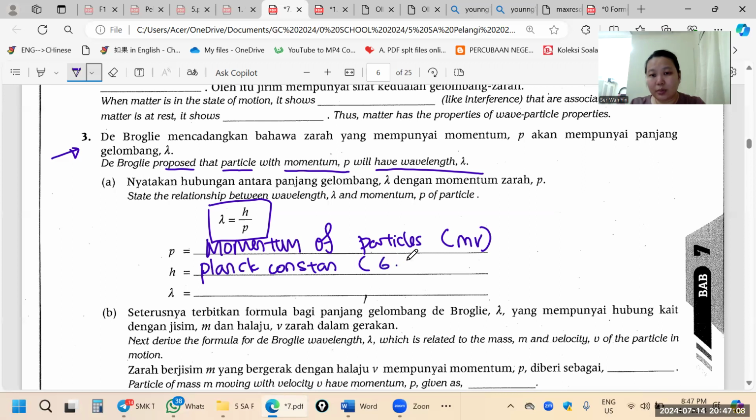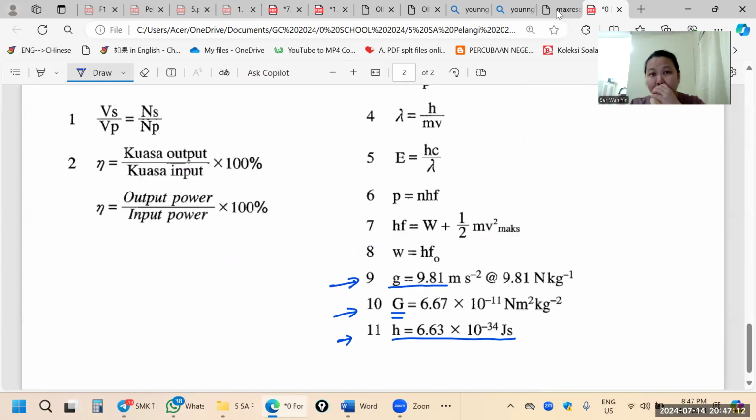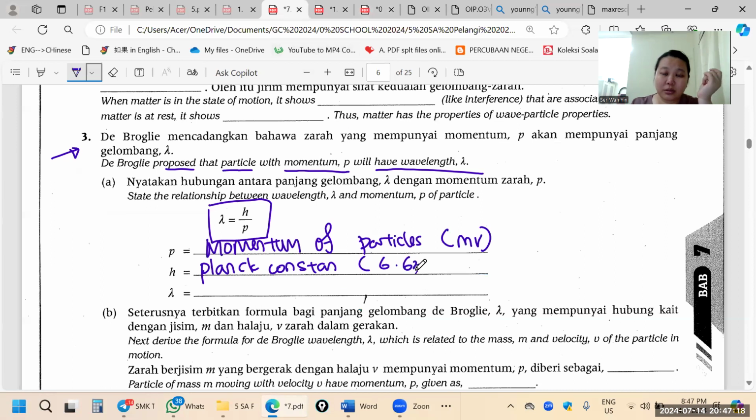H is 6.63 times 10 to the power of negative 34 joule second. Lambda is the wavelength of the particles.